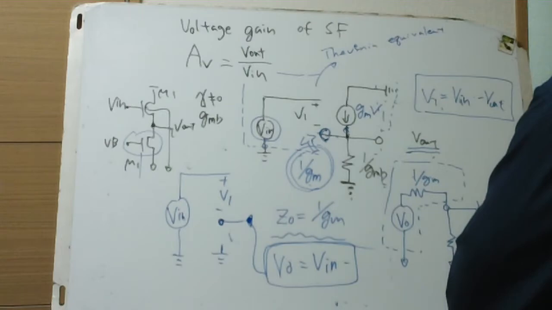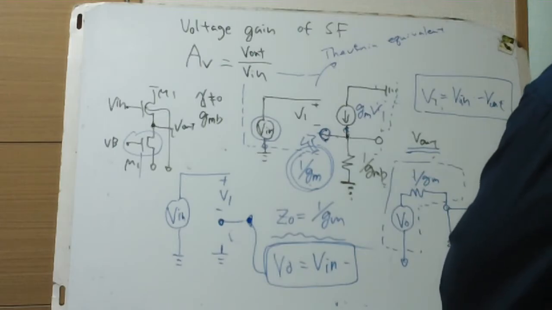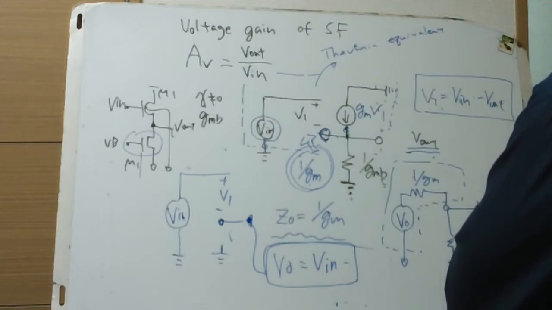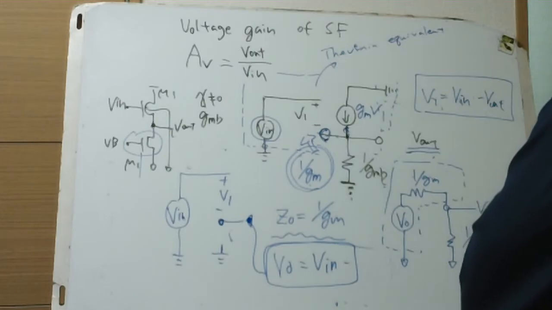GMB1 is there. Norton equivalence. For Norton equivalence, we open Thevenin equivalence to Norton equivalence. Norton straight to Norton. No.